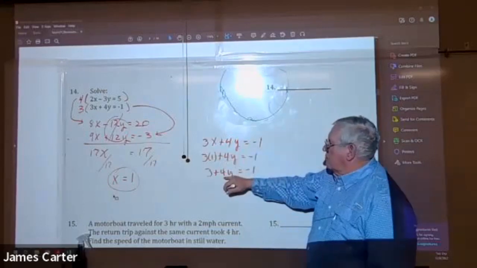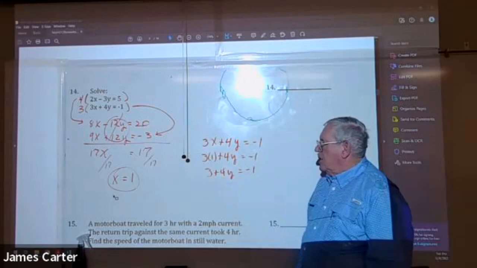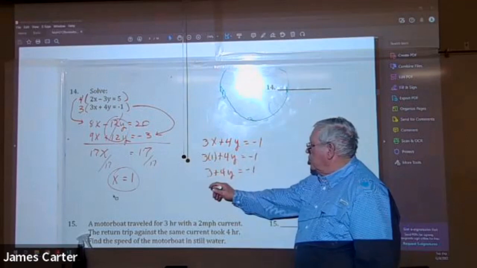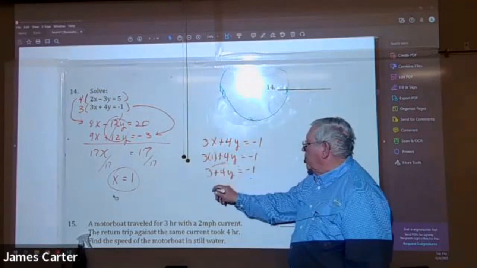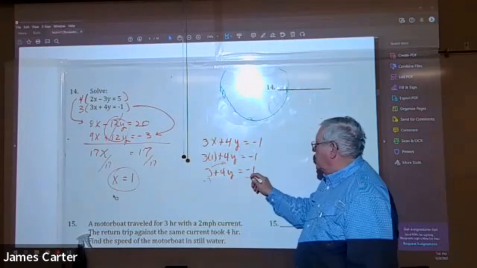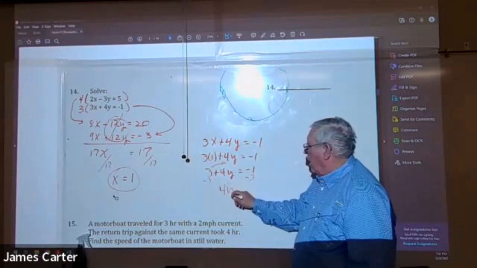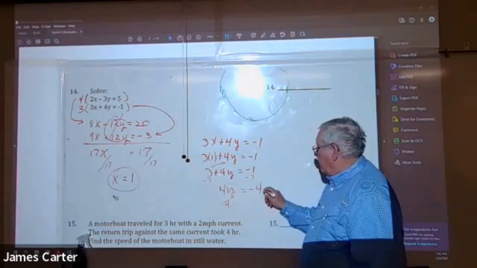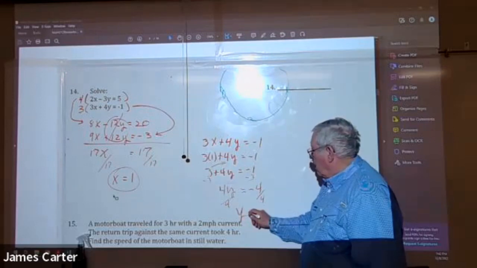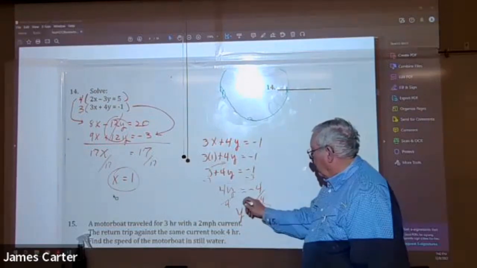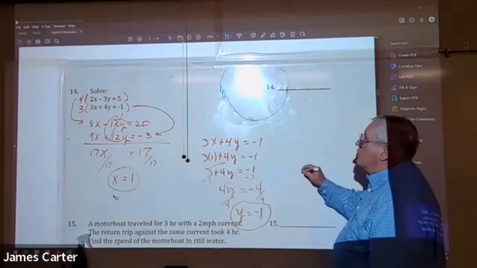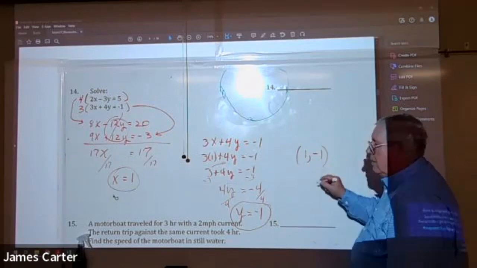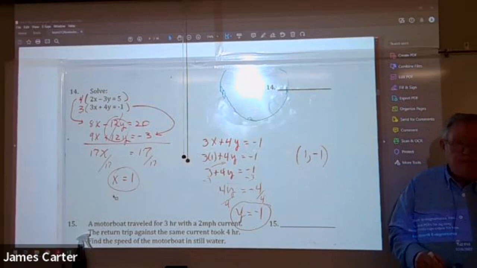Can you go straight from here to here? Yeah, you can. I'm not encouraging you to, but you can. Let's take this 3 over to the other side. Minus 3, minus 3. 4y equals negative 4. Divide by 4, divide by 4. y equals negative 1. That's my other answer. So my final answer is the point (1, -1).